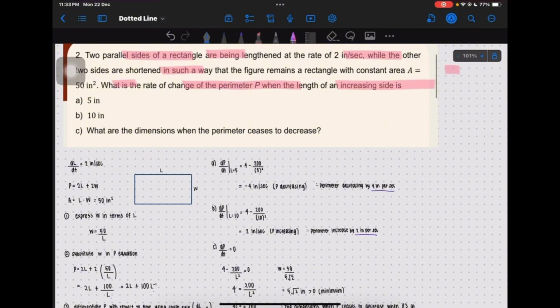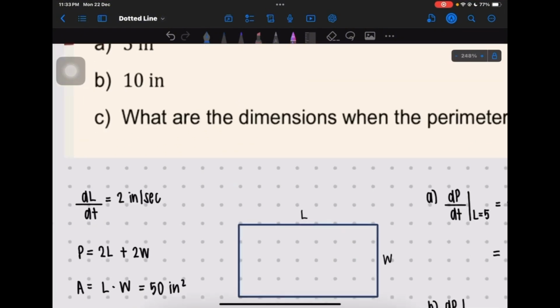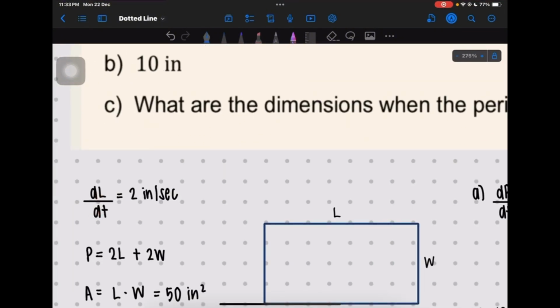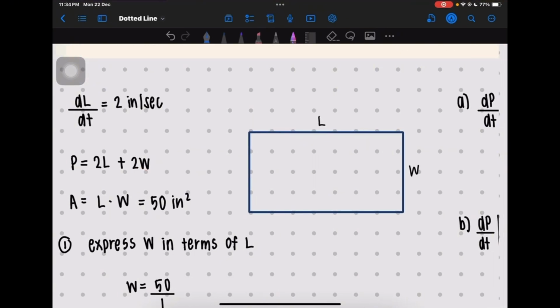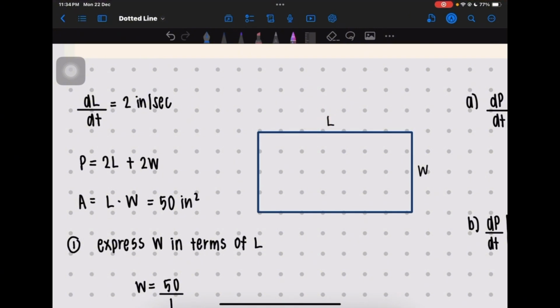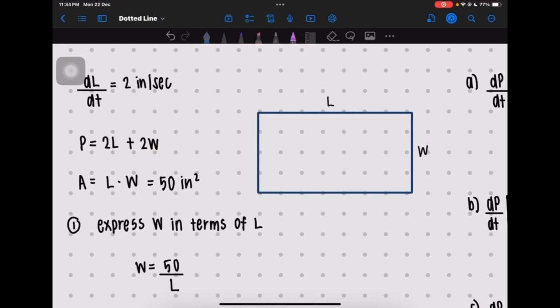Alright, so from the question, we get the information dL/dt = 2 inches per second. For the perimeter, we know that the sides are L, W, L and W, so we add all of them. For the area, the equation is length multiplied by width, and we equate it to 50 square inches.